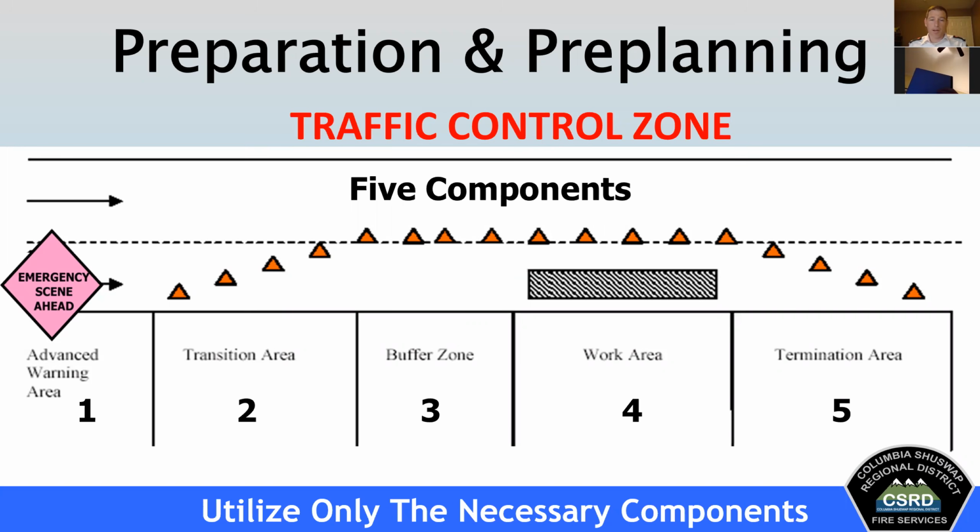If it's a slow moving road, you might not need that big of a buffer area if you need a buffer area at all, because traffic doesn't travel too quickly in that area anyway. So again, use your experience, use your own judgment to evaluate what you need out of your traffic control zones. And remember, it is the incident commander who will dictate the final say on that.